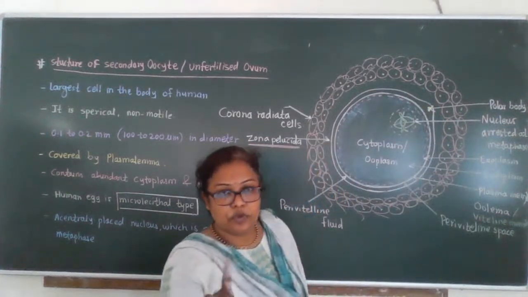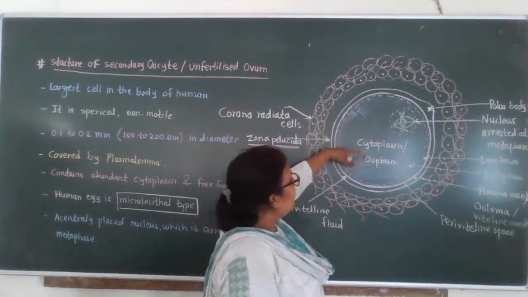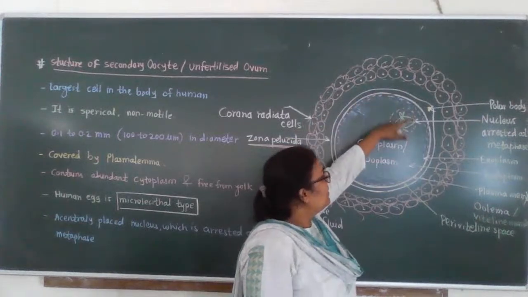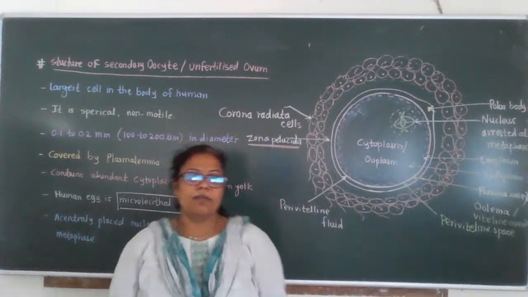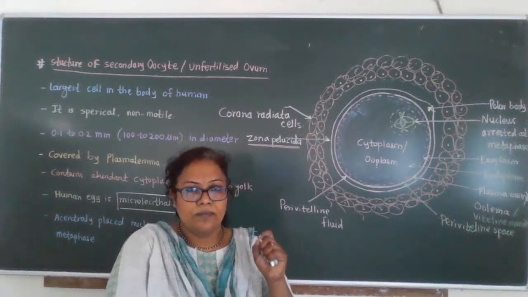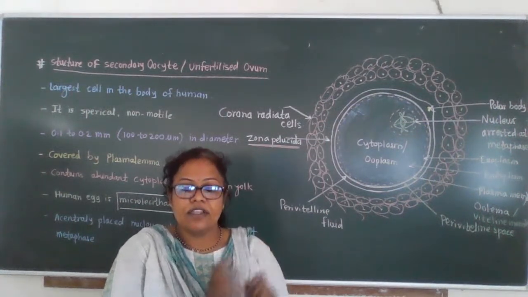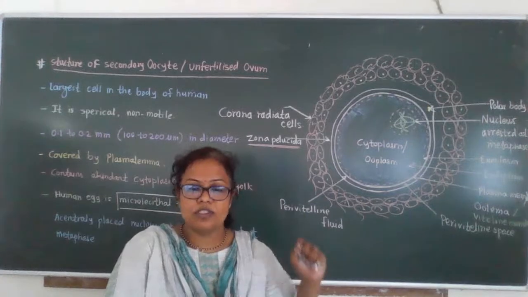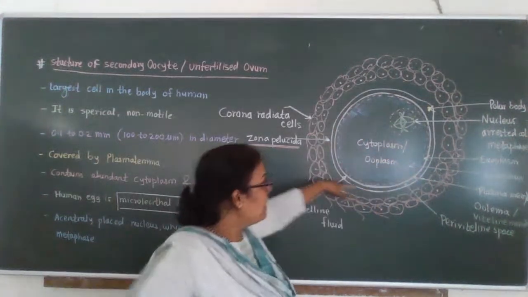This polar body is formed in the Graafian follicle, right? Then the vitelline membrane is surrounded by a non-cellular transparent membrane called the zona pellucida, and it has receptors which allow only the human sperm to fuse with the ovum, and it doesn't allow wrong site implantation.